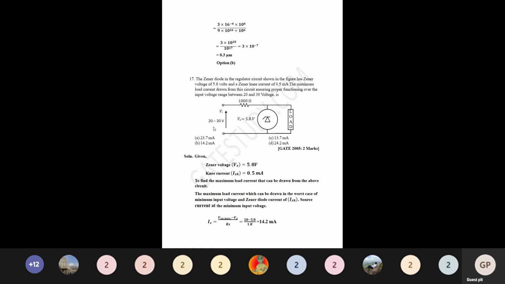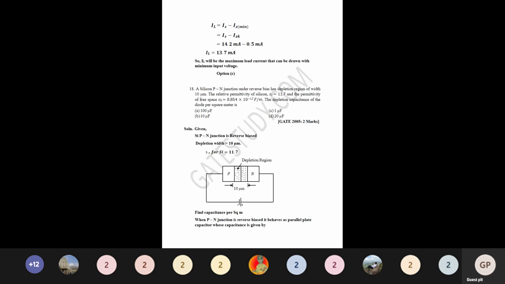The value is 20 minus 5.8 by 1K. It is 14.2 milliampere. IL equals Is minus Iz min, that is Is minus Izk. So 14.2 milliampere minus 0.5 milliampere is 13.7 milliampere. So option C is the right answer, because IL will be the maximum load current that can be drawn with the minimum input voltage.